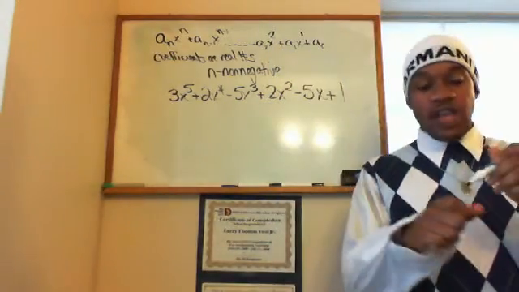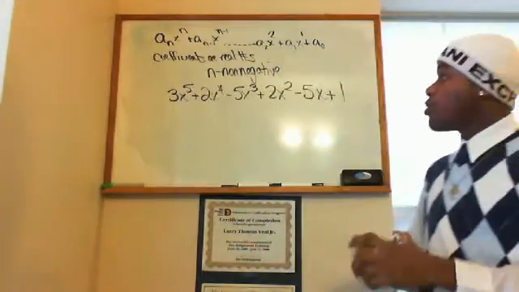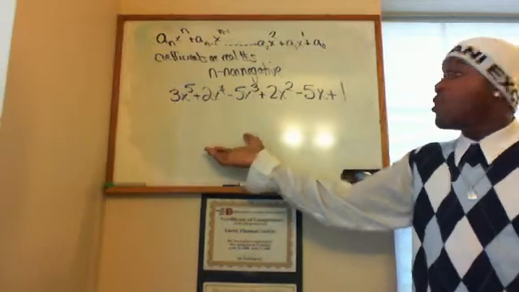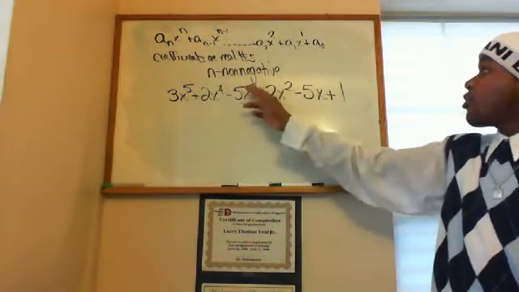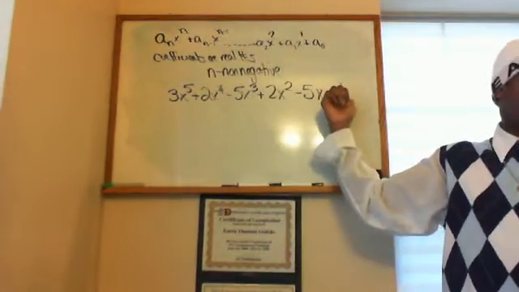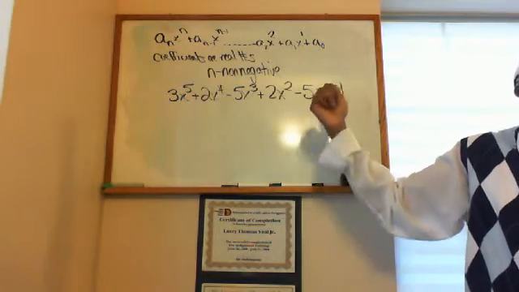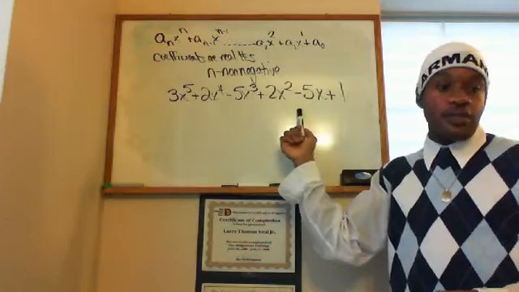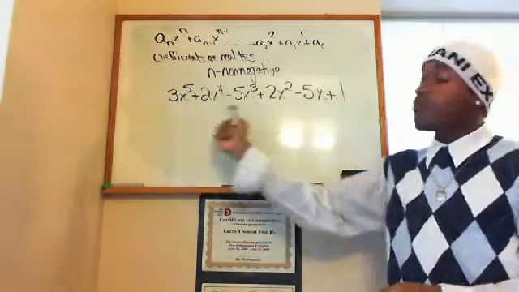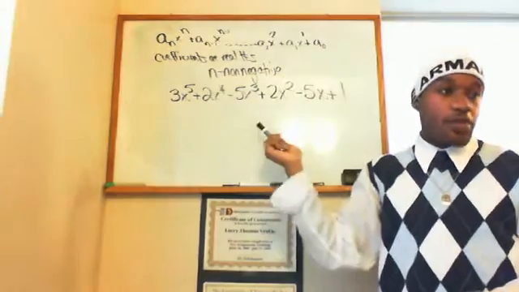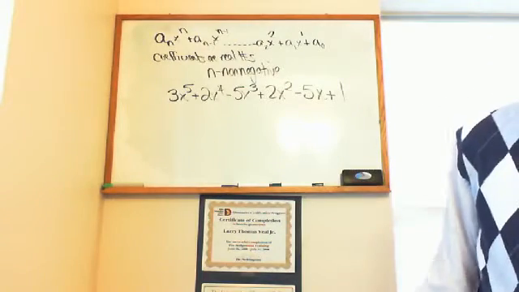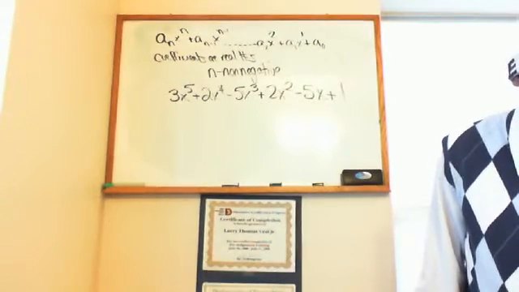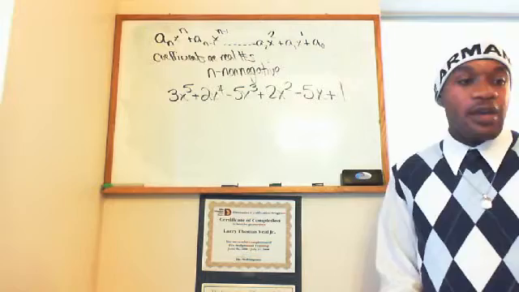As you see, the exponents are in decreasing order: 5, 4, 3, 2, 1, 0. That's how all polynomials run as far as the order of the exponents. Never go up from 1, 2, 3, 4, 5. Always go down from 5, 4, 3, 2, 1. Make sense? Okay, now, find the degrees and leading coefficients.